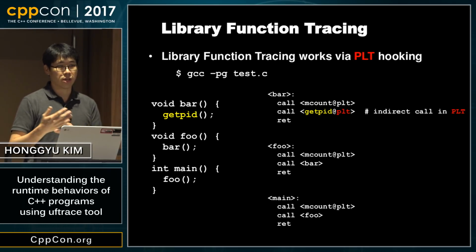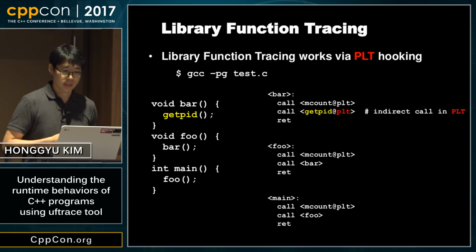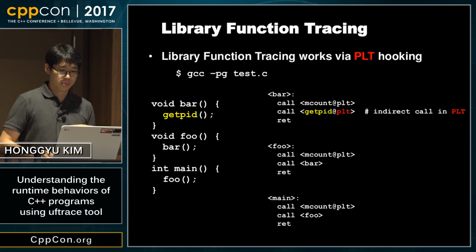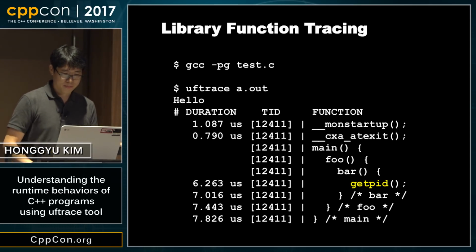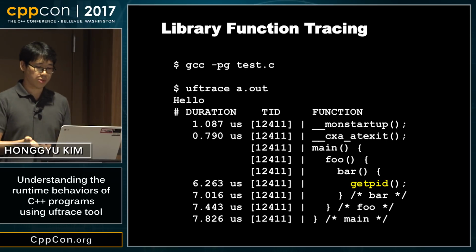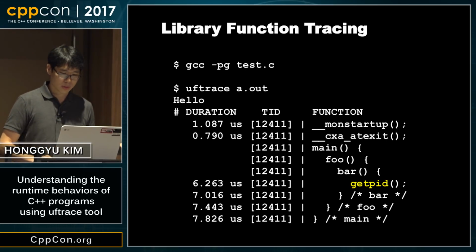There's a kind of table, and uftrace just hooks that table to trace the library. In that case, you don't have to recompile your program with the -pg option. Library calls can be traced without problem. But if you recompile your program with the -pg option, you can also see the user space functions in this way.